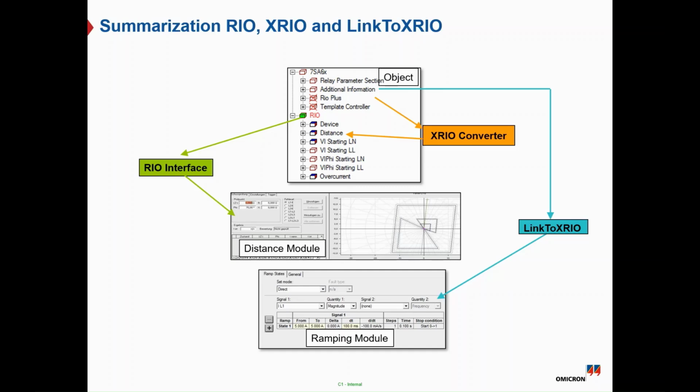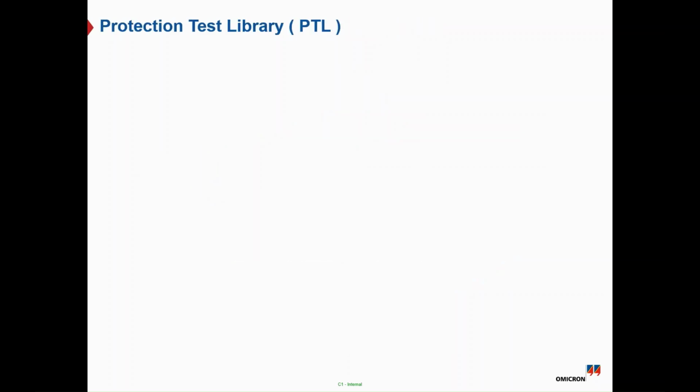And also, if you are using general test modules like the ramping module or the state sequencer module, you can use the link to XRIO to automatically adapt if the relay parameter changes to new values, so it can save your time and effort.